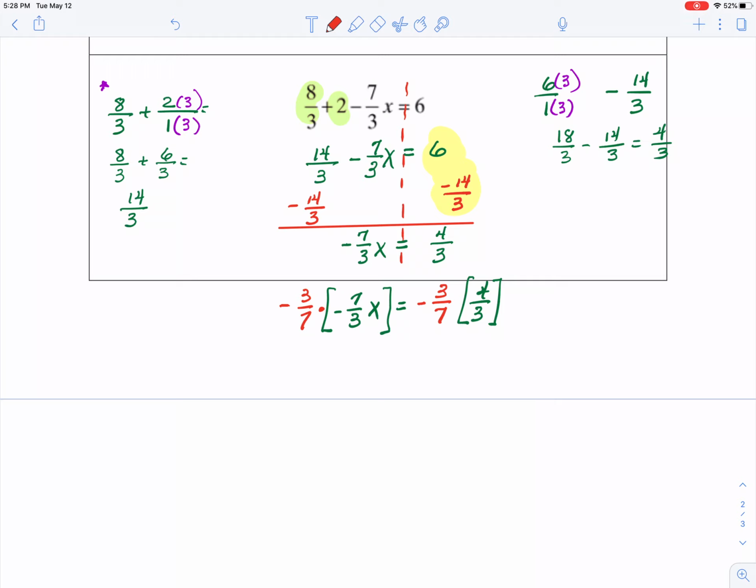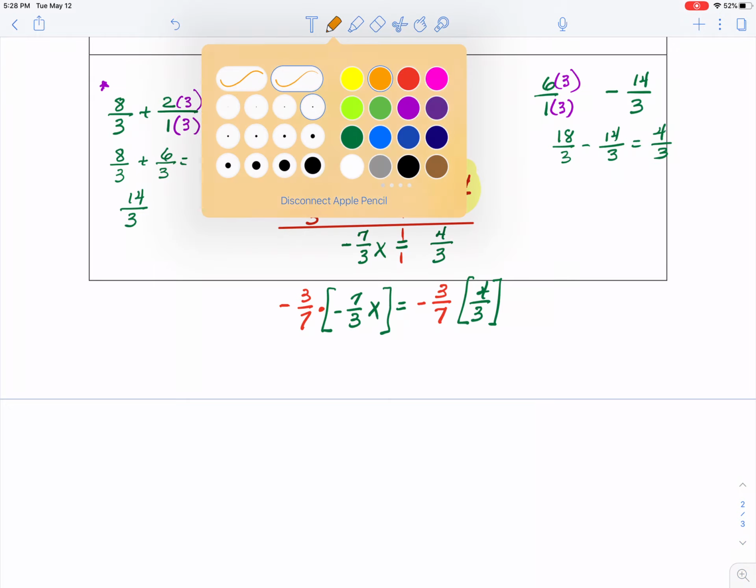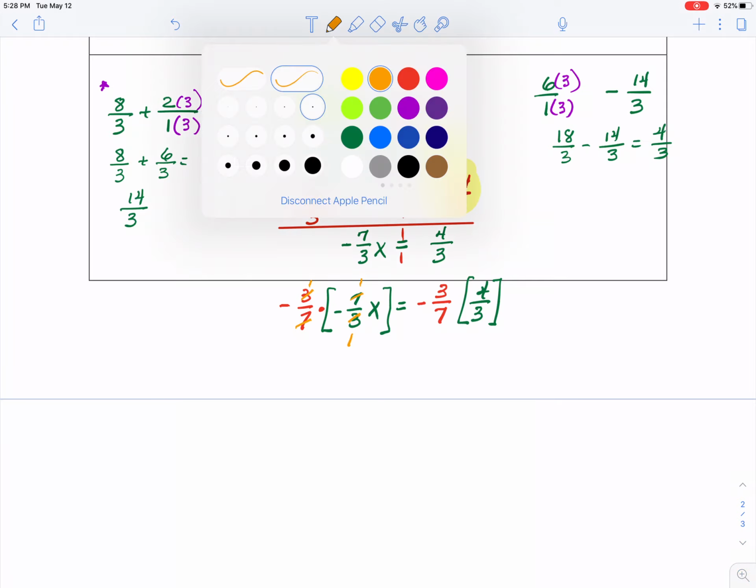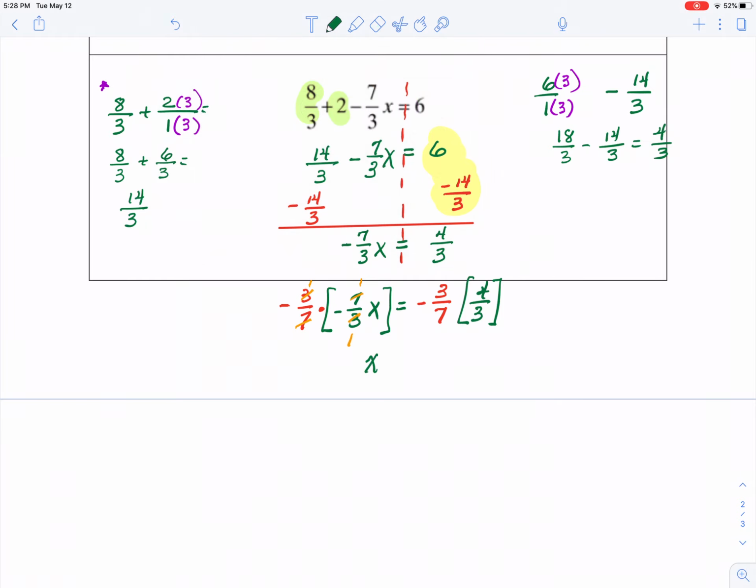So if you're working with negative 7/3, the reciprocal is negative 3/7. So I'm multiplying both sides by that reciprocal, and of course you can see that that negative times negative, and when all this cancellation occurs, will bring me to the positive 1x that I'm looking for.